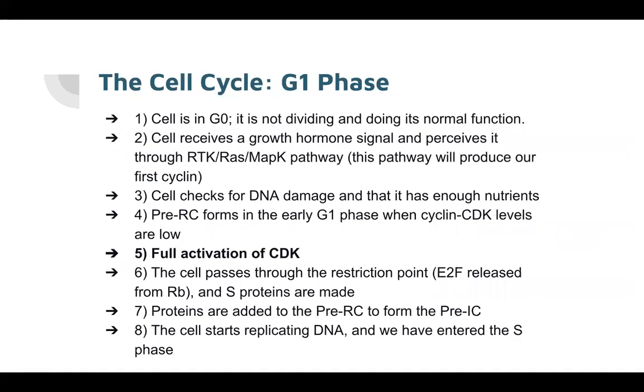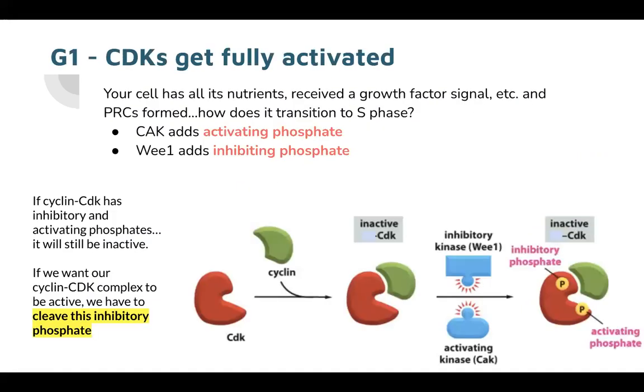Okay, now we're going to talk a little bit more in detail about full activation of CDK. So CDK levels are always present. Cyclin levels are what's more regulated. Cyclin starts being produced as soon as the cell receives a growth signal.